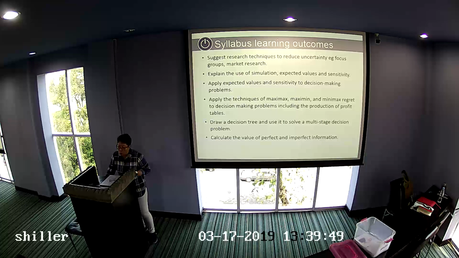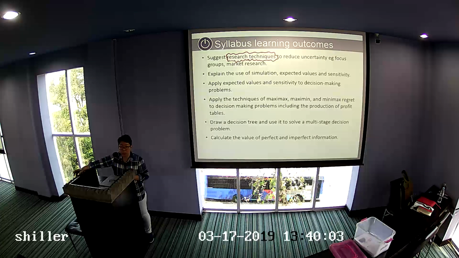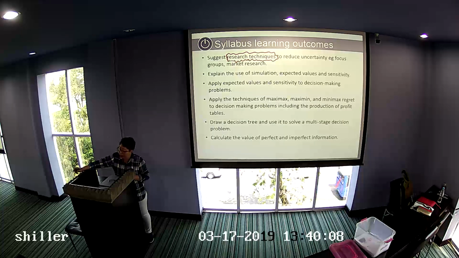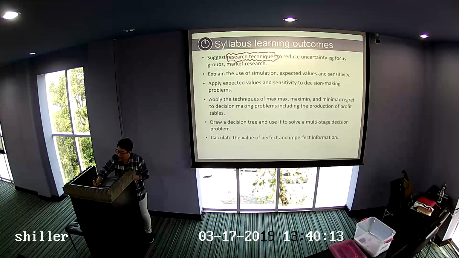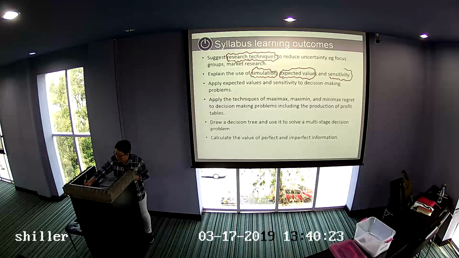Of course, you know that some of the things that you can use to make decisions is to do what? You do research. That's why when you want to set up a business, you want to get someone to research for you the probability of making it into that kind of business. Some other techniques you will hear are simulation, expected values, and sensitivity analysis.